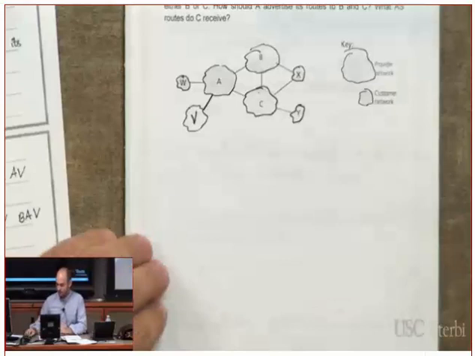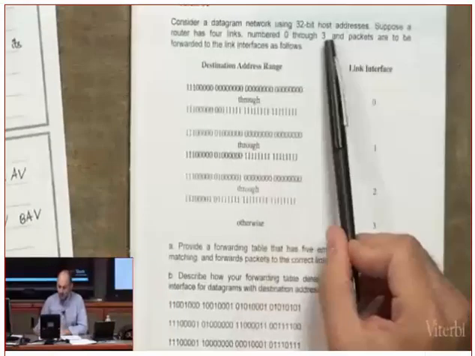So now the idea is, we have some address space. That's how you design a routing table. So we want to describe those ranges using routing rules. It says 5 here. The fact that it says 5 seems to indicate we can't do it in 4.